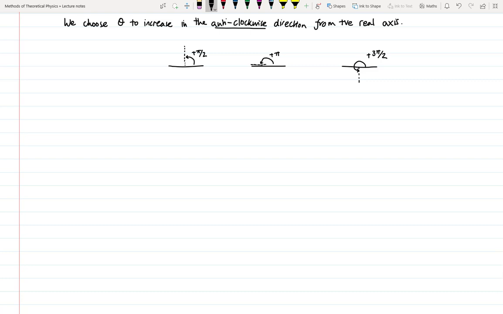Now it's easy to see that a full rotation of 2 pi brings you back to the same number you started at. So note that a full rotation of 2 pi brings you back to the start.